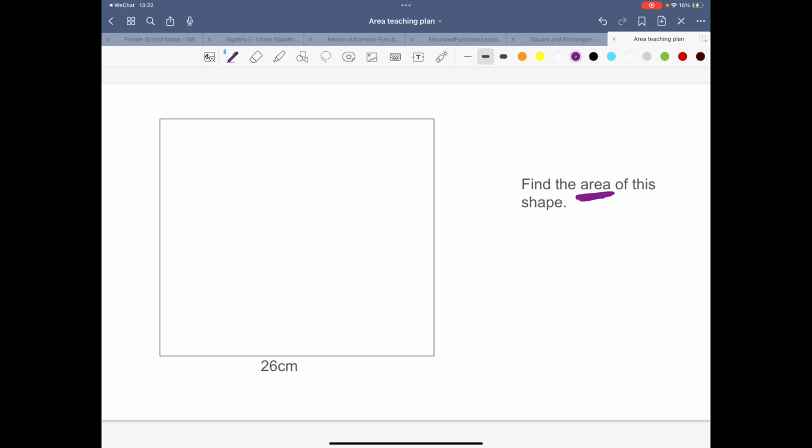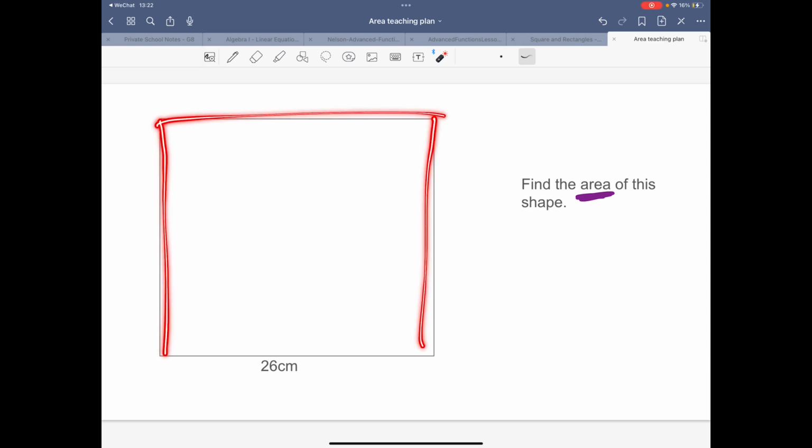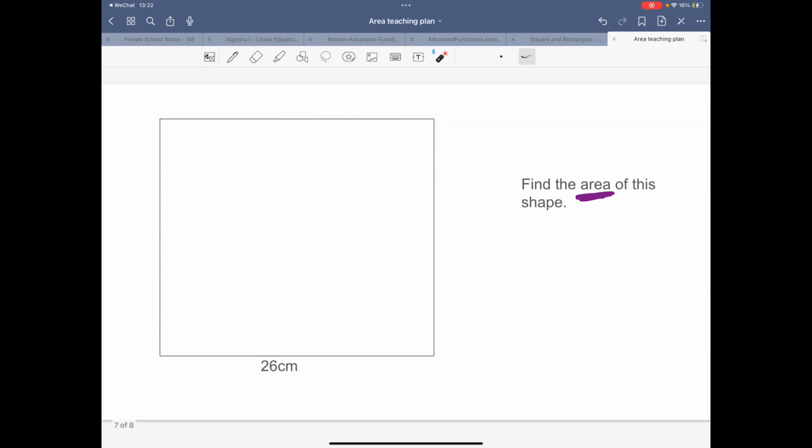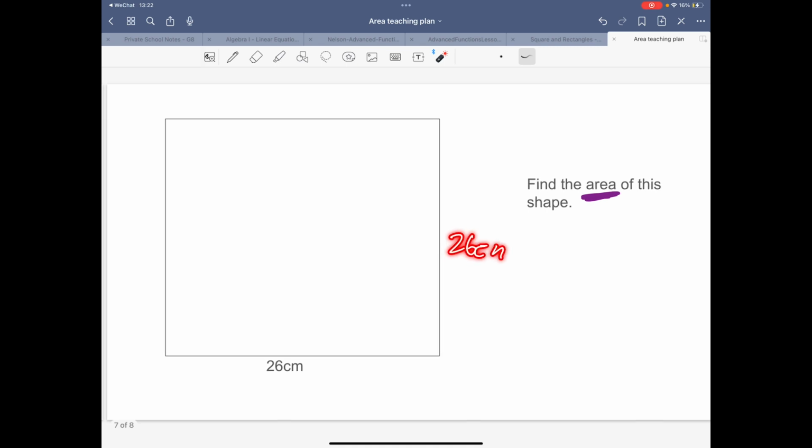Well, the length and the width are actually a bit promising on this, but since this is a square, you know what that means. All these side lengths are also 26 centimeters, which means this is 26 centimeters. Okay. So we're saying this is 26 centimeters, this is 26 centimeters, this is 26 centimeters.